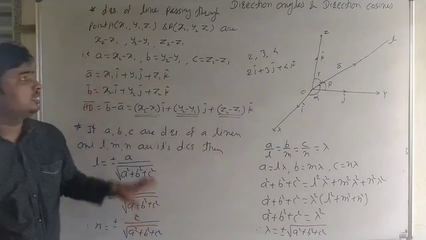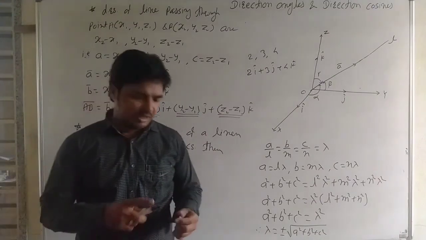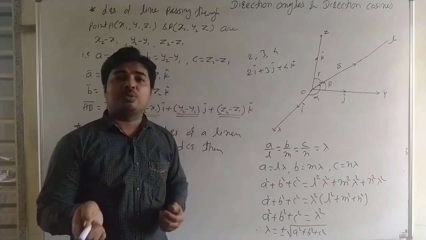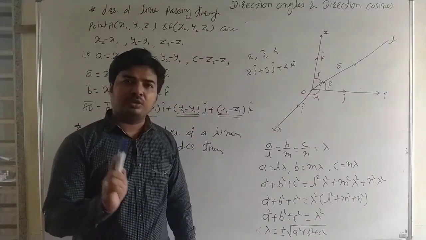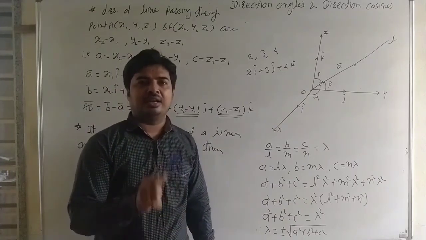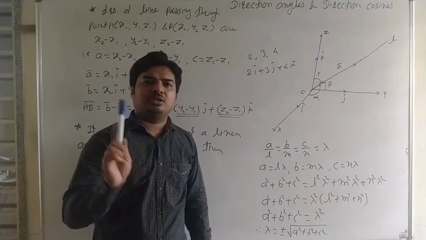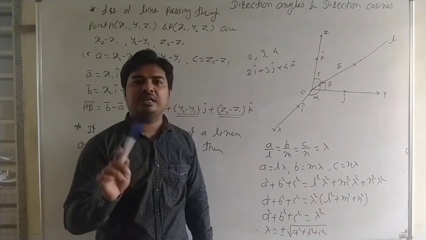Okay, see carefully. Okay, concept फक्त लक्षात राहू द्या, डायरेक्शन रेशियोज आणि डायरेक्शन कोसाइन्स. Direction ratios are proportional to the direction cosines. Direction cosines are the cosine values of the direction angles, and direction angles are the angles made by the vector or a line with the positive direction of x axis, y axis and z axis.